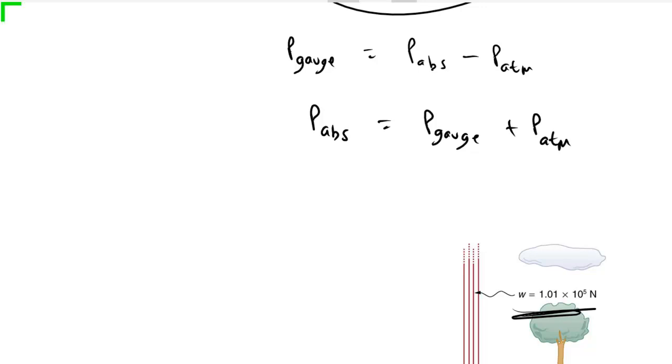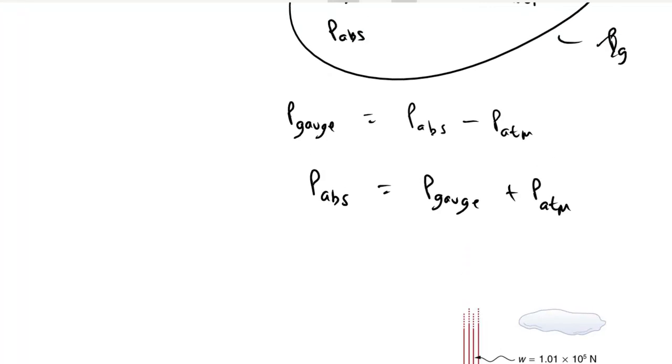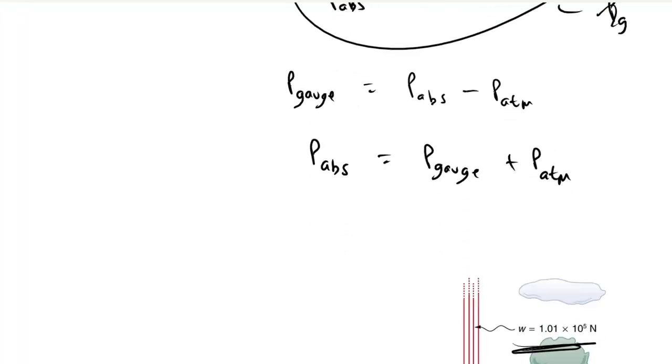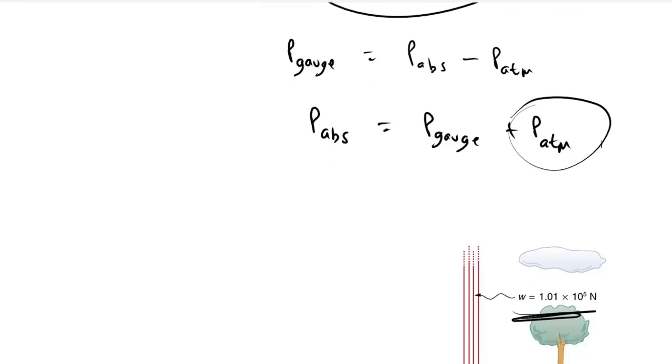If we're at sea level, then the atmospheric pressure will just be 1 atmosphere. If we're at the top of Mauna Kea, then this atmospheric pressure would be a little bit less. We will use this result later on as well. Our gauge pressure we measure is actually a relative pressure. So you just add whatever the atmospheric pressure is, and we will get our absolute pressure.